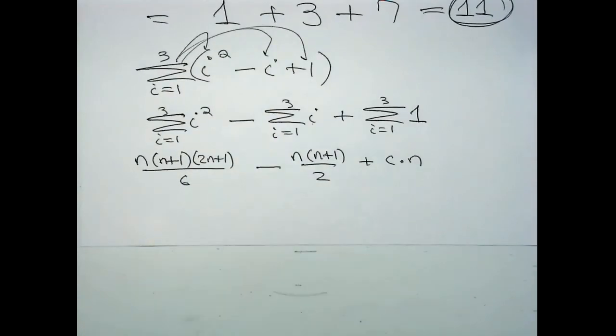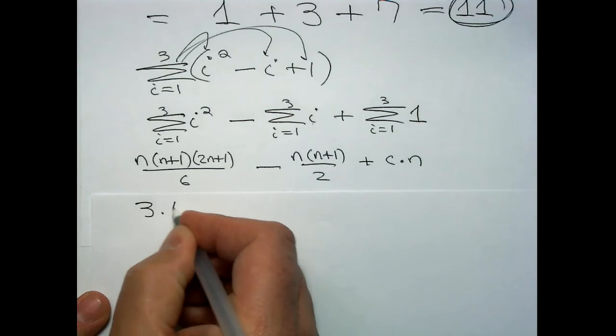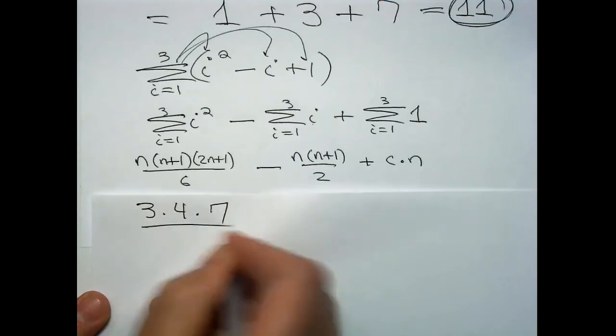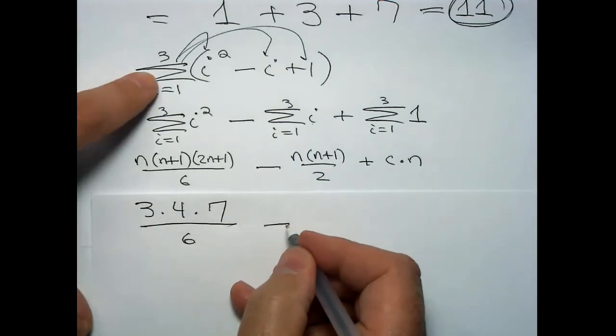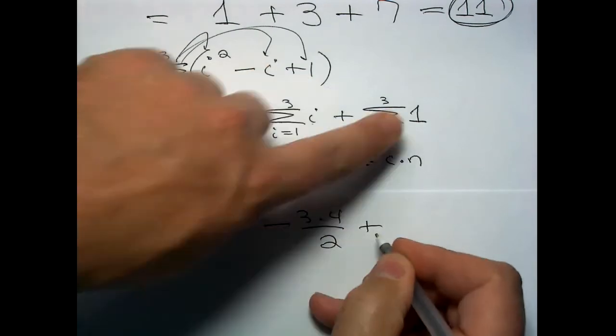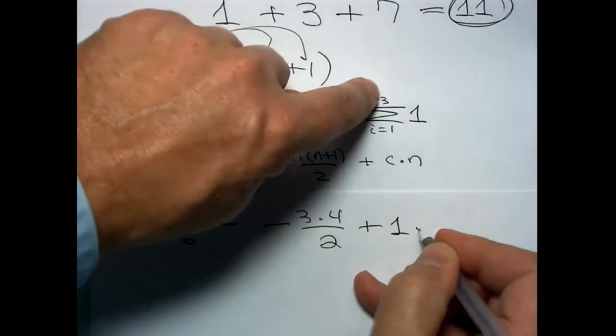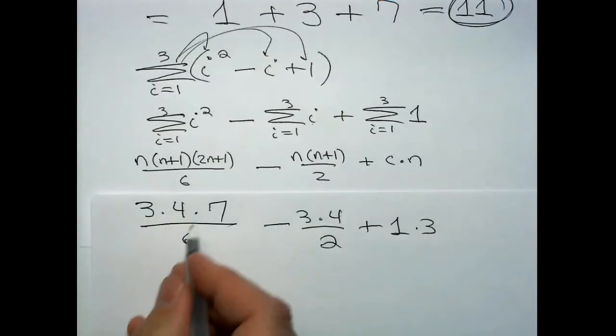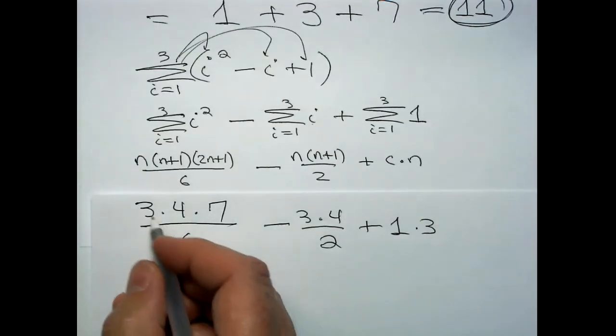So I'm wondering if we're going to get 11 when we run these formulas through. So what we've got now is n, which is 3. So 3 here, 4 here, and 7 all over 6. n is 3, so we get 3 and a 4 over 2. The constant is a 1, and n is 3. So let's see if we can find some way to cancel some of this here.